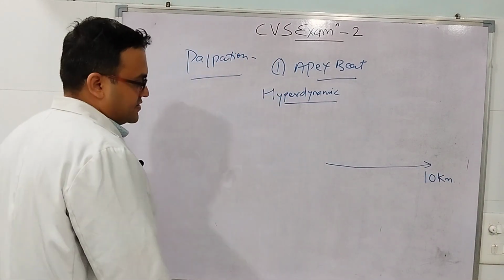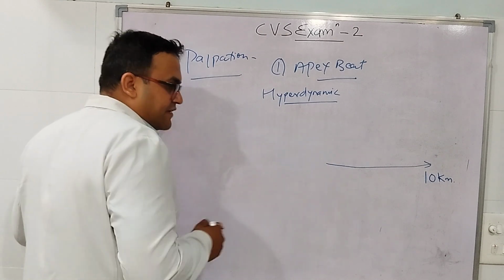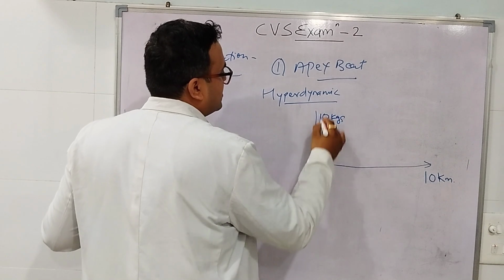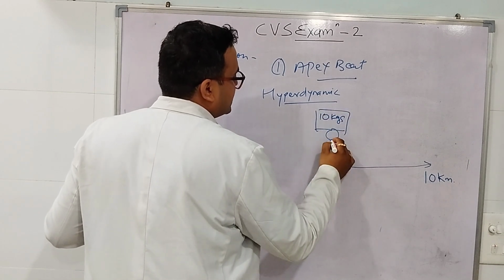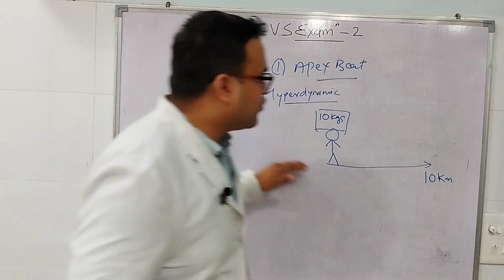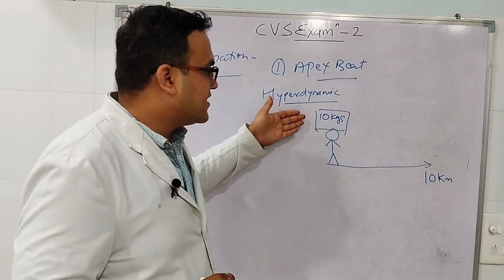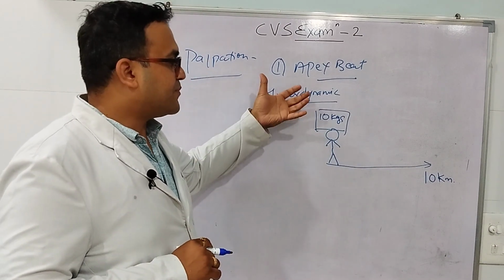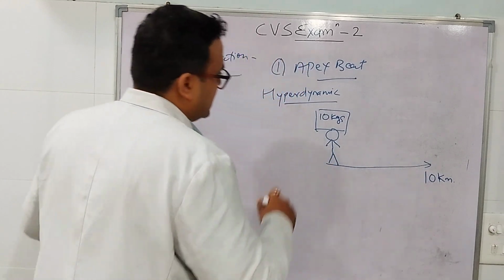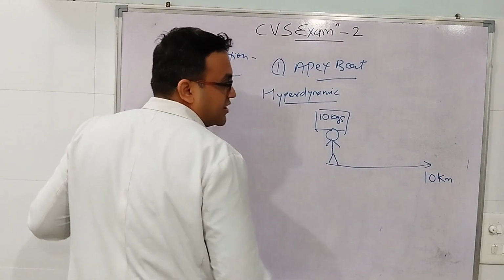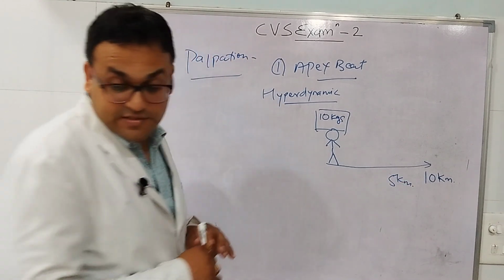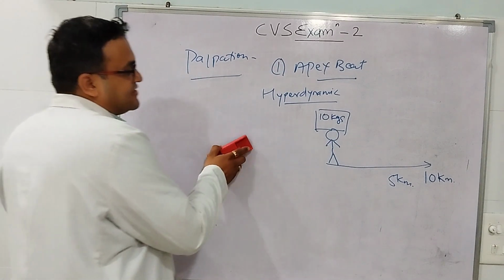Now if we keep a load of 10 kgs on the head of this person and ask him to walk, this is the diastolic load. The person is carrying this load to do the work. So now he will not be able to walk 10 kilometers. He will be able to walk around 5 kilometers.